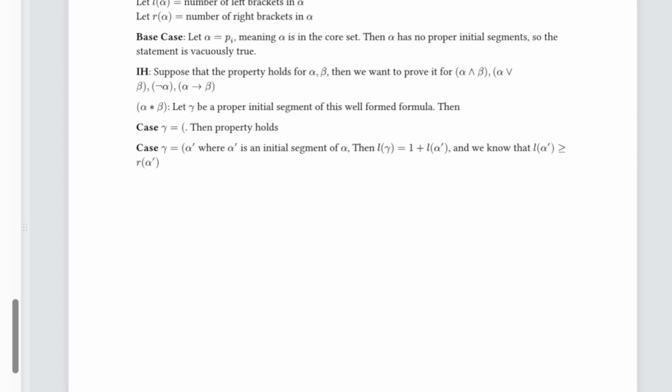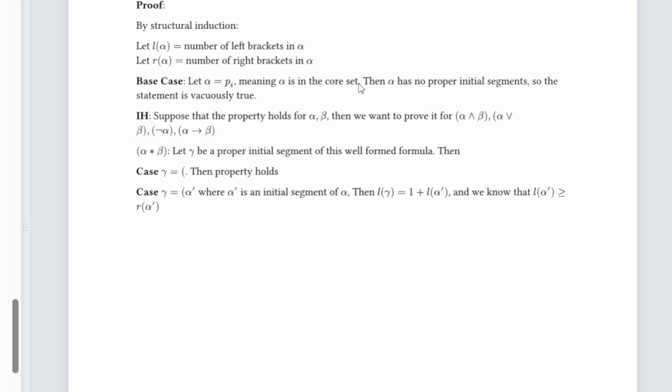If you think about why we know this, if alpha prime is a proper initial segment, then by the inductive hypothesis, the number of left brackets is strictly larger. But if it's not proper, meaning that alpha prime is actually all of alpha, then the number of left brackets is equal to the number of right brackets. So that's why this holds.